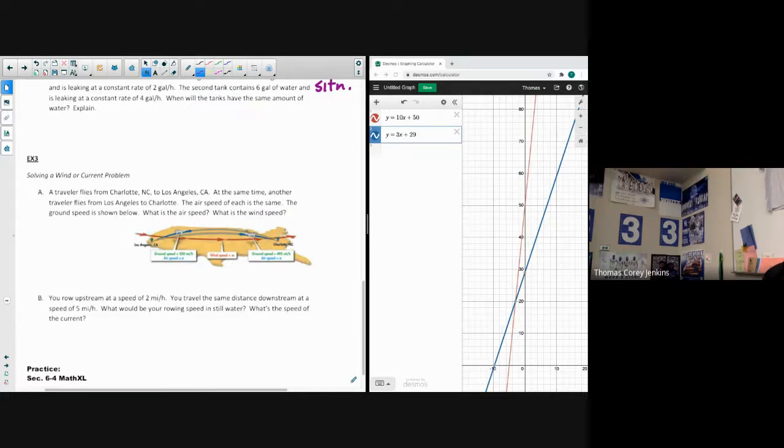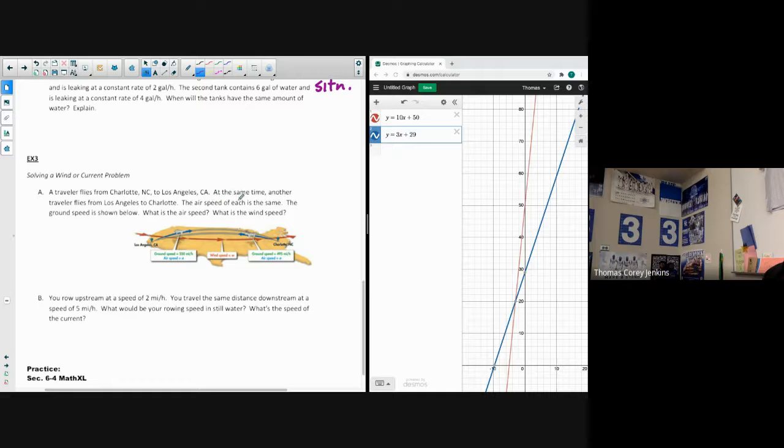Finally, example 3, solving a wind or current problem. I like these. These are pretty neat. So we might look at both of these. 3A: a traveler flies from Charlotte, North Carolina to LA. At the same time, another traveler flies from LA to Charlotte.